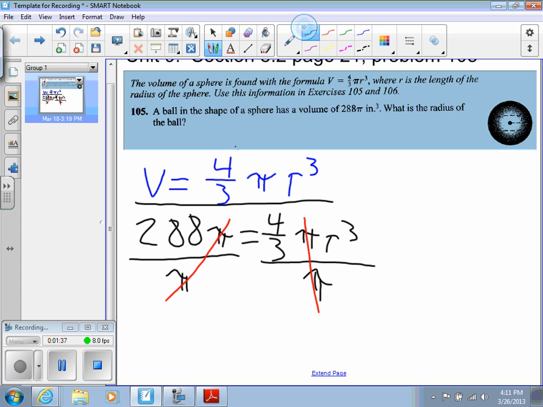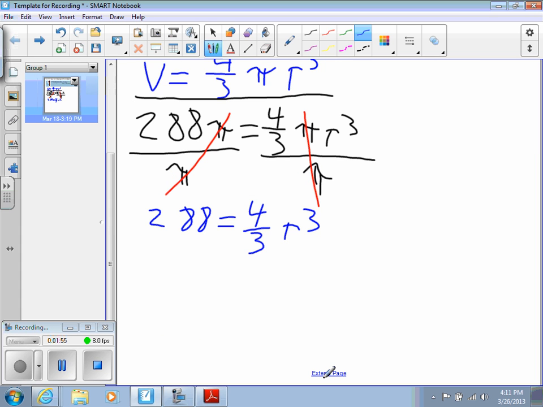So now my equation, and I'm going to change colors to make it easier to see, now my equation is 288 equals 4 over 3 r cubed. Okay. I need the r cubed by itself to be able to solve for r.